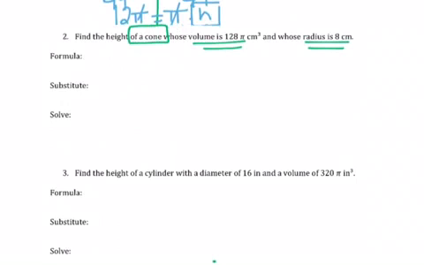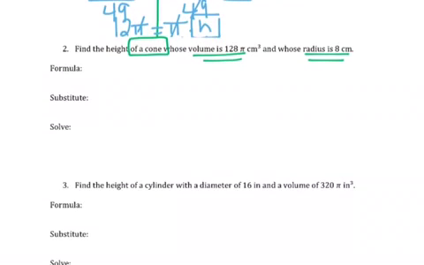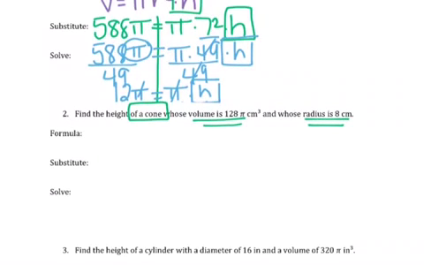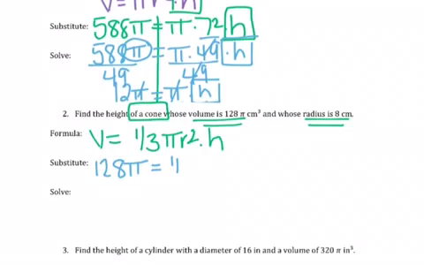For the formula we're going to write V equals 1/3 pi r squared times the height. So I'm going to plug in my volume, which is 128 pi, is equal to 1/3 pi times 8 squared, and we're going to be finding that height.